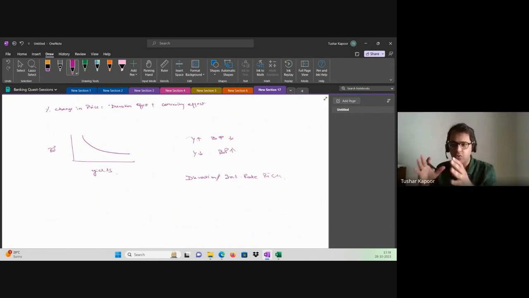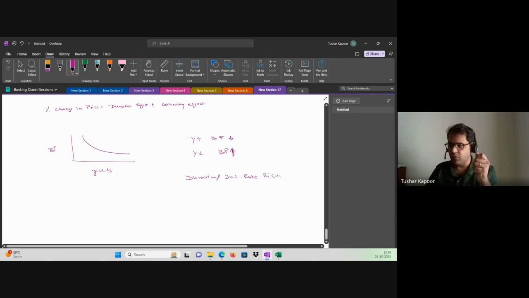But realistically the curve looks like a curve, and mathematically the price increase and price decrease differ. As you might recall, when the yield increases, the bond price decreases by a lower amount, but when the yield decreases, the bond price increases by a very high amount, just because of the shape of the curve.